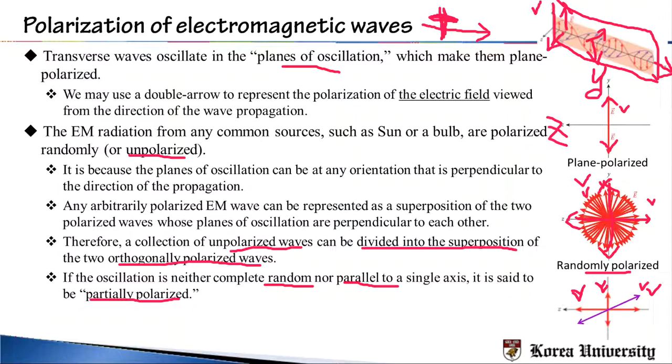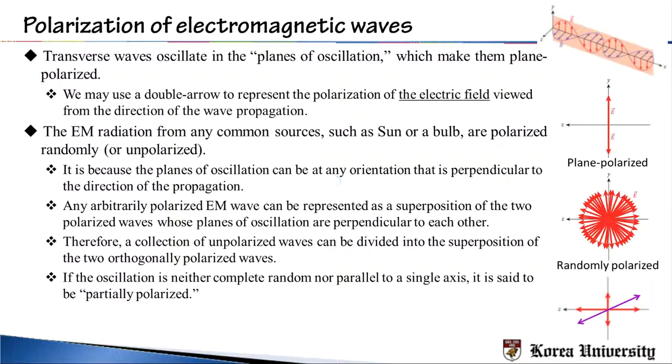Completely random means that it's uniformly distributed around the 360 degrees, but there may be certain situations where you have some arrows along this direction or that, but not much along the other. Anything like this is called partially polarized.